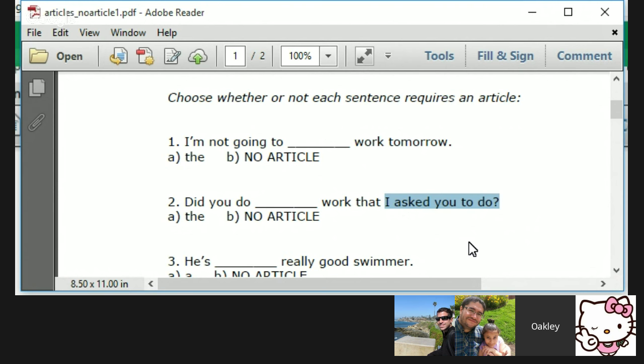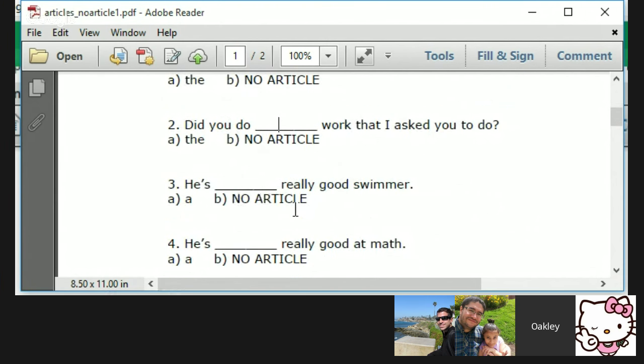Notice I can't say "a work." I can never say "a work" because it's normally not countable. But it is a specifically defined bit of work.